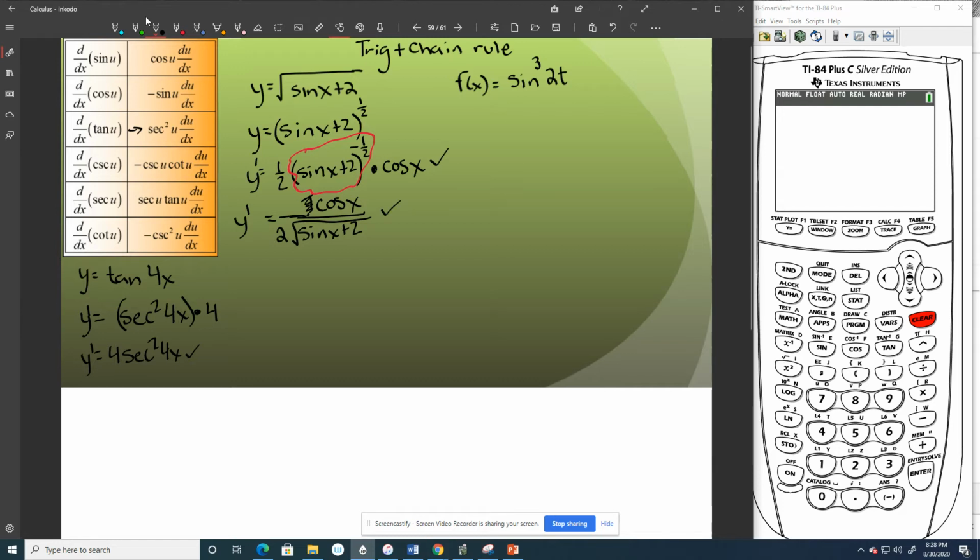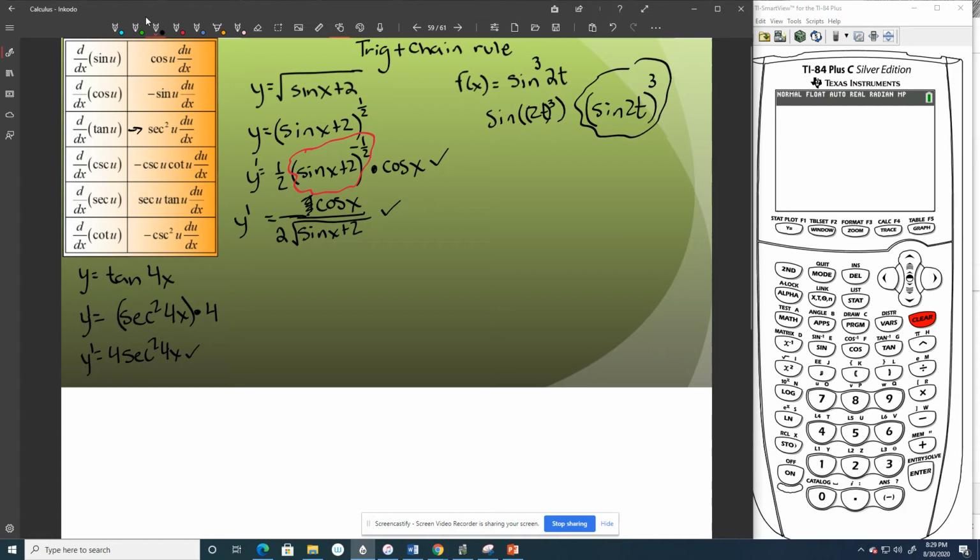Now, f of x equals sine cubed of 2t. Now, we usually put this cube right here so you don't mix it up. Just remember that the sine of 2t cubed inside parentheses is different than the sine of 2t all raised to the third power. And this is what we have going on.